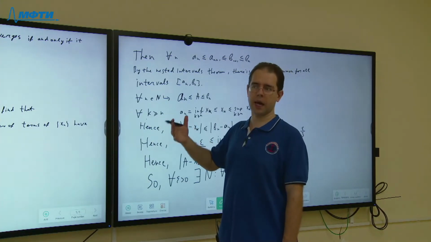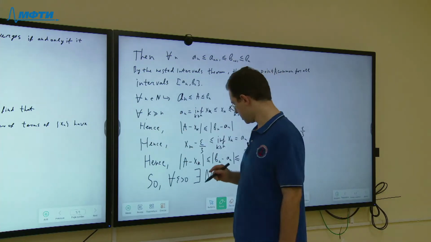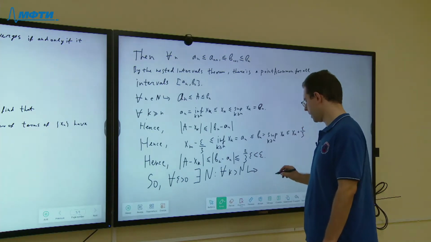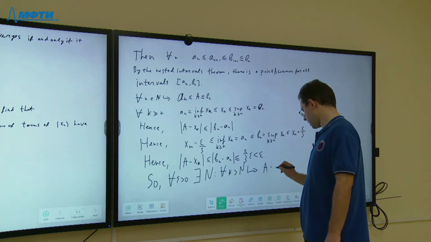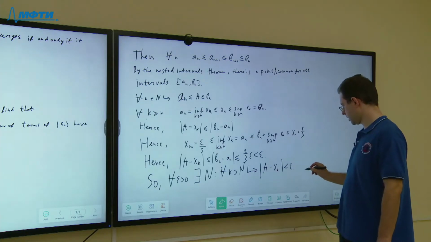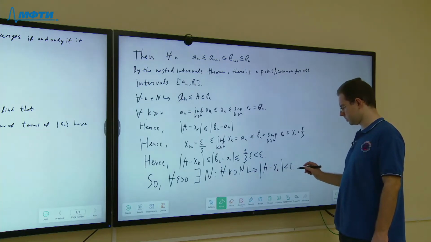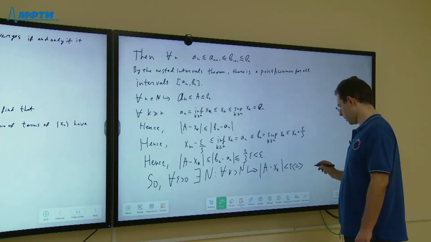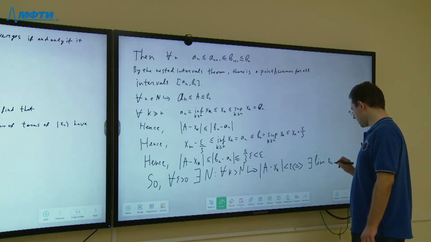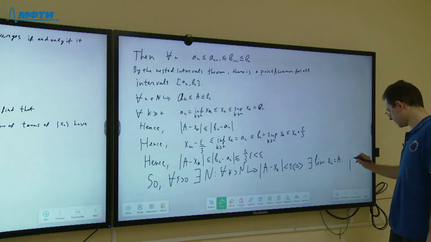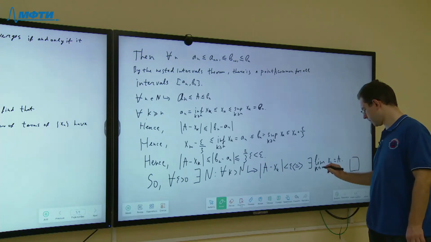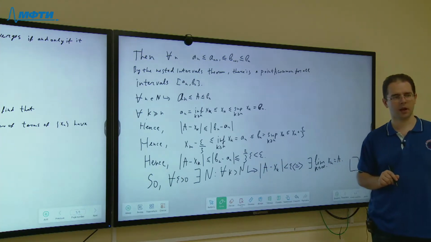This basically means any number greater than capital N. For any k greater than capital N, it follows that a minus xk is less than epsilon. So this means that there exists a limit of our sequence, and this limit equals a. End of proof.